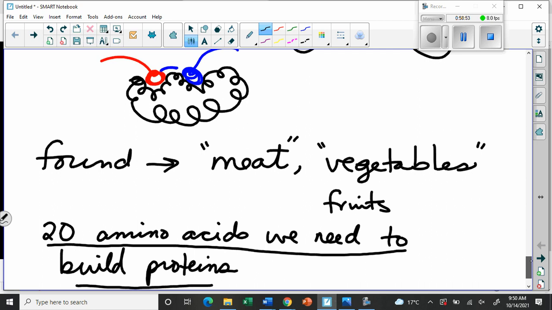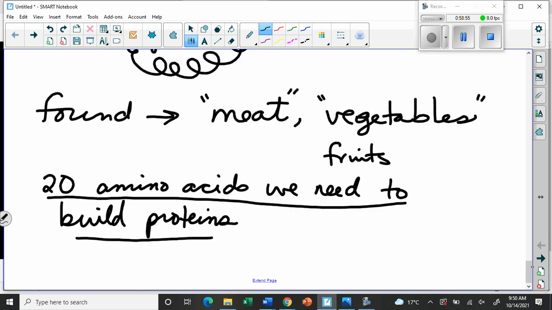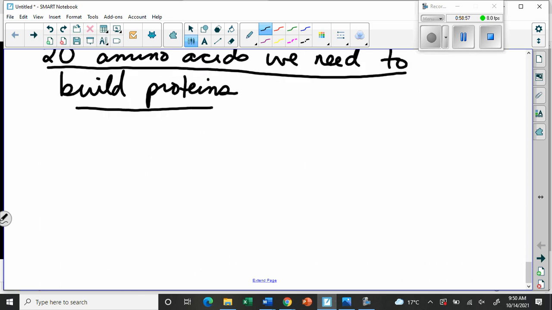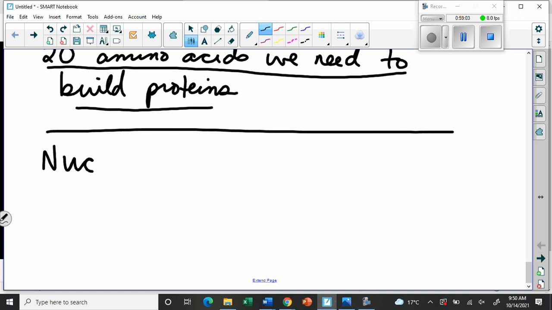Okay, so there are the proteins. And there's one more important molecule I mentioned, but we're not going to discuss it a whole lot. And they're called nucleic acids. I'll just mention them. Nucleic acids are special molecules. They're found in the nucleus of the cell. Well, not always. They're sometimes found outside the nucleus too, but that's kind of how they got their name.